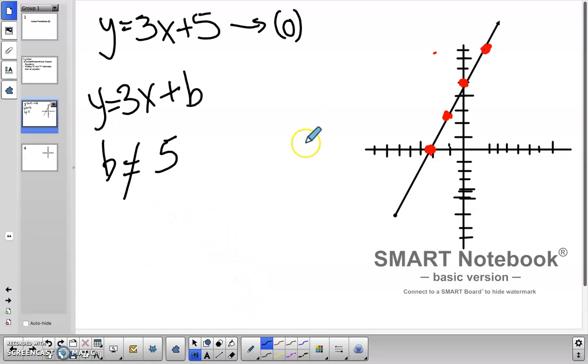Then, let's do our y-intercept as 1, right? If I do my y-intercept as 1, I'm going to graph the same slope. 1, 2, 3, 1. 1, 2, 3, 1. Okay? So there, let me graph that line for you.